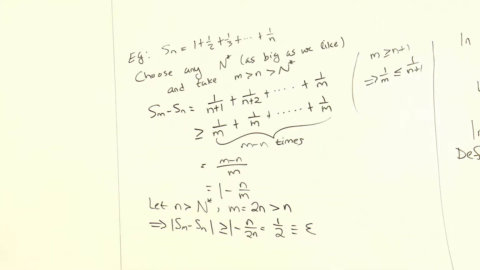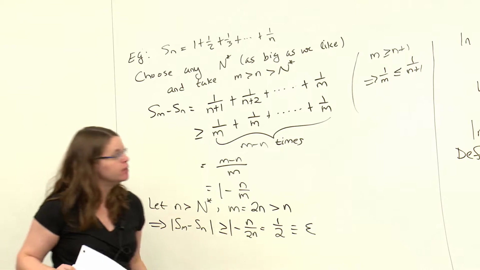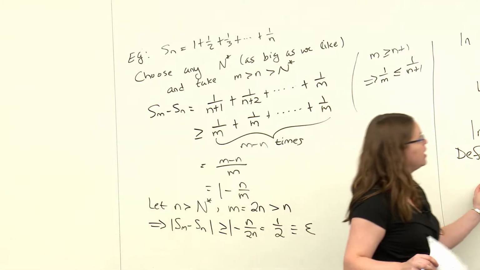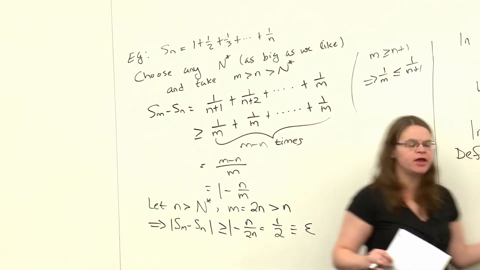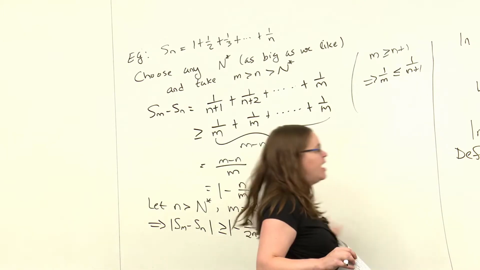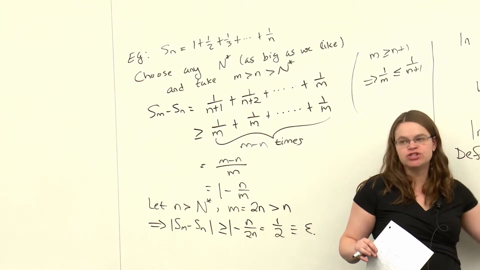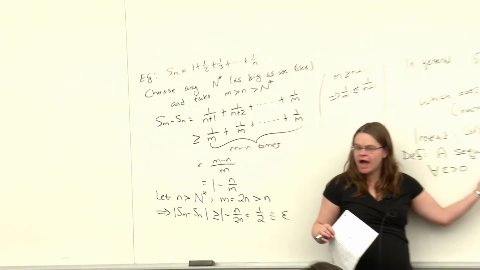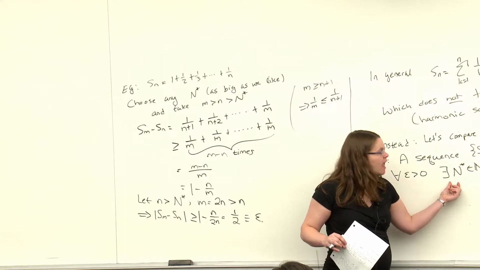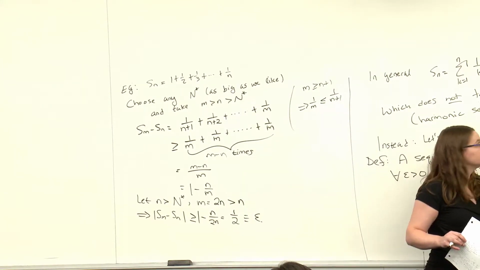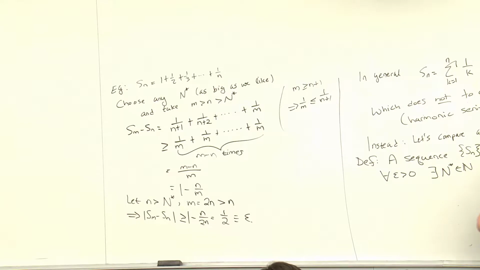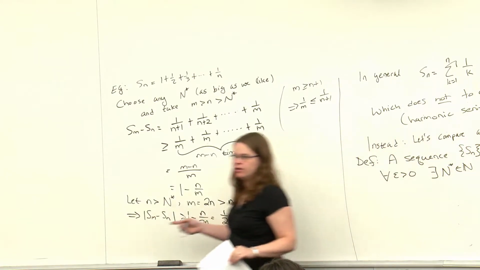And this is us breaking this definition here, right? Instead of saying for all epsilon greater than 0 this works, we've now found an epsilon, epsilon is a half, such that there just is no n star that makes this work. No matter how big I take n star, I can always choose n and m bigger than that to break this inequality. That's exactly what we've done right here.